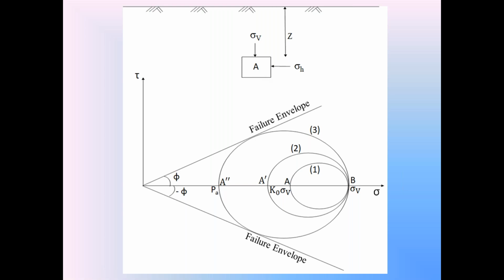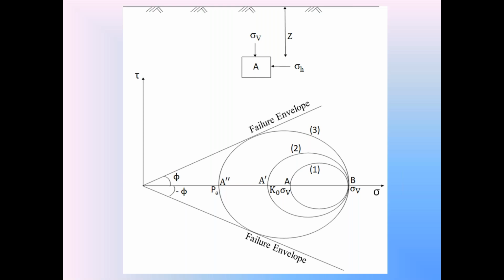So please follow this Rankine's active earth pressure theory. First, in Rankine's active earth pressure theory, we assume the retaining wall is in rest condition. When the retaining wall is in rest condition, the backfill is also in rest condition. We consider the soil element A in the backfill. The soil element A is also in rest condition.